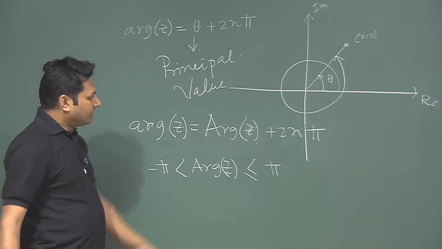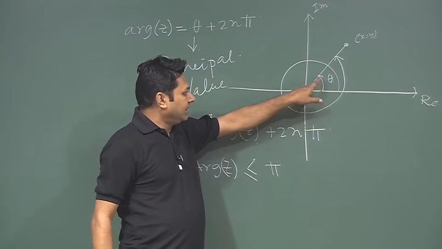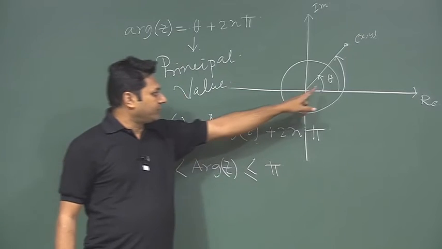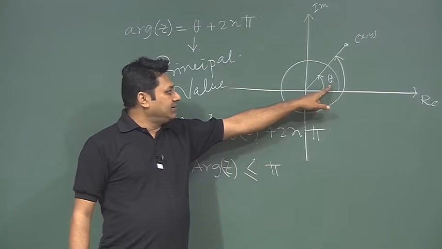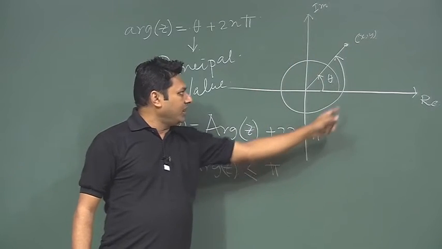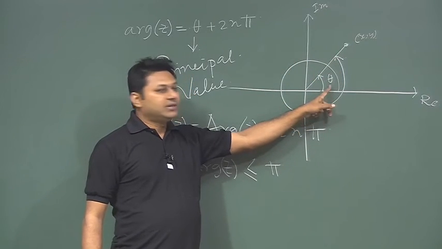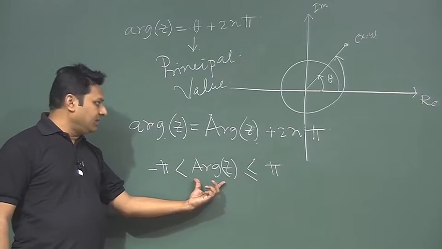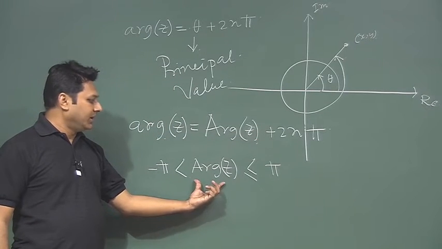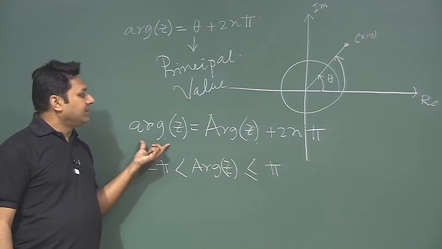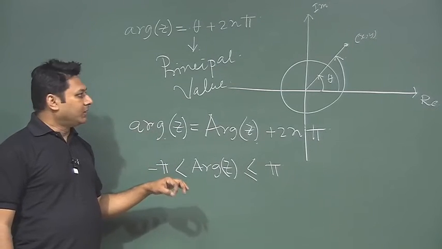Here the first theta is in between pi and minus pi, so it is obviously the principal value. But if I make one round and go to this point, that means theta plus 2 pi, which is not in this range but still gives the same point. That theta is not a principal value, but a value with 2 pi added to the principal value.